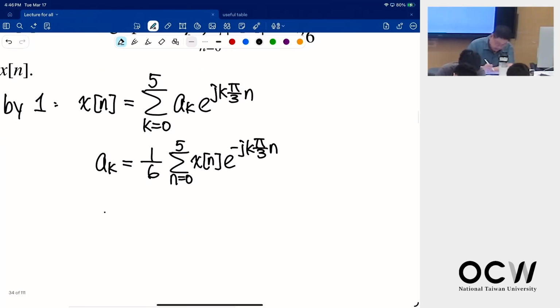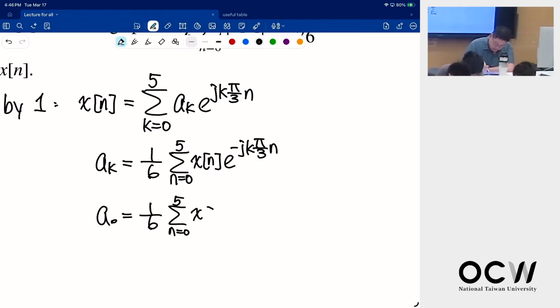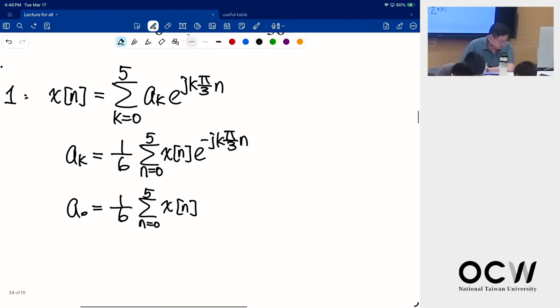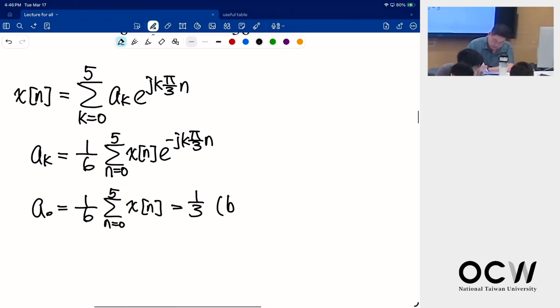So A naught is 1 over 6 times this, which is the moving average of the signal. And this should be 1/3 because of the second hint.